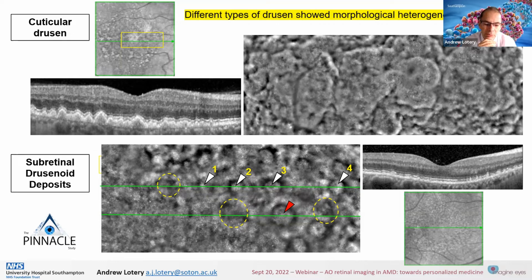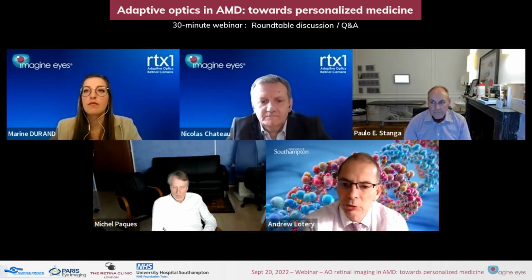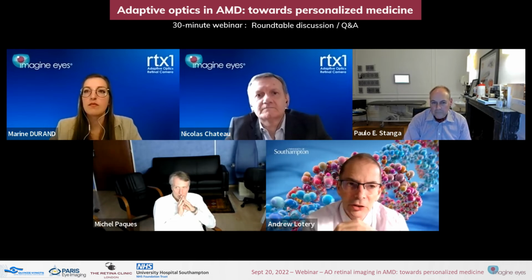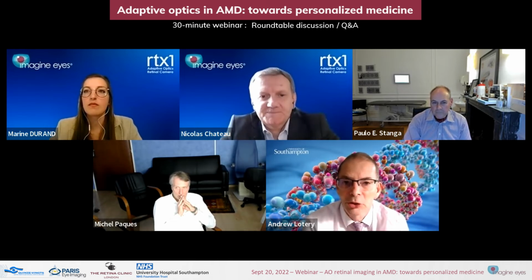We've also seen that pigment over drusen that Michel has mentioned, and based on his work, we did wonder if those were macrophages that we were seeing, and we're seeing this change over time. And it perhaps highlights something that we don't think about a lot with OCT: perhaps there are macrophages crawling all over drusen in intermediate AMD.